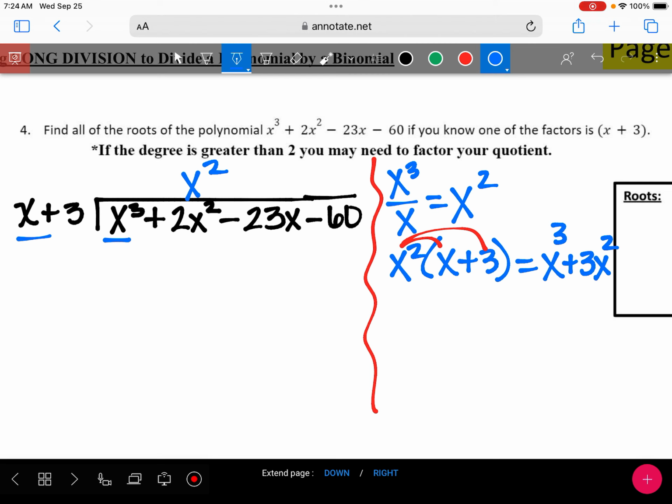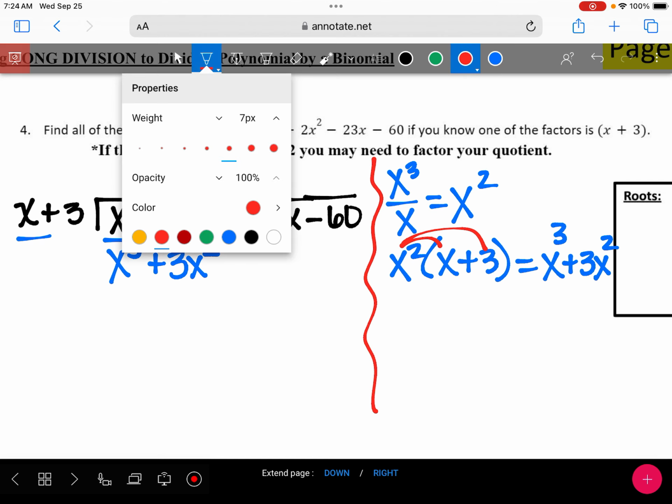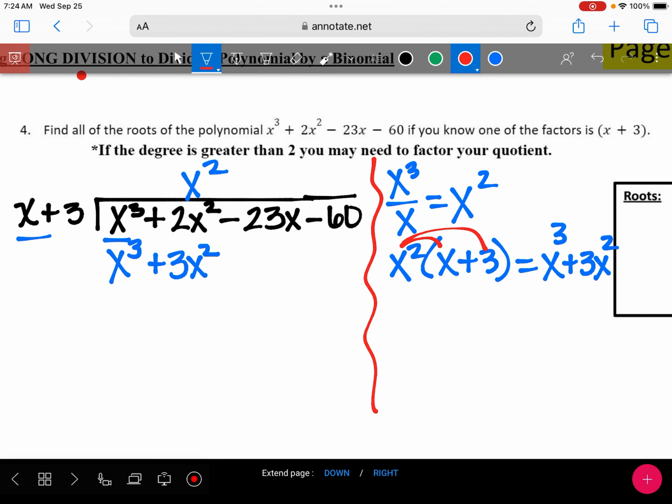When you bring it over, before I add, I have to change both signs. So that means that this becomes negative and the second term becomes negative.